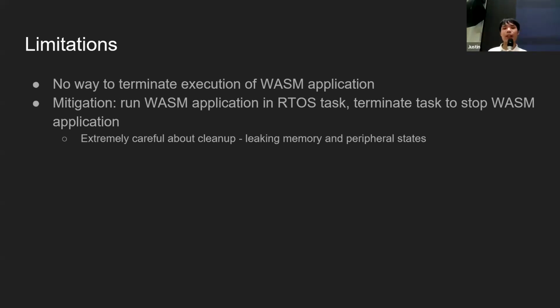So obviously here, there are implications about cleaning up. How do you handle freeing your memory? What happens if you put peripherals in strange states? And I'm just wiping everything out. So I statically allocate all my structures that I use in the WebAssembly app, and at the end, I just toss it all away. At the start, I reinitialize all the peripherals that I use, and it seems to work well enough.